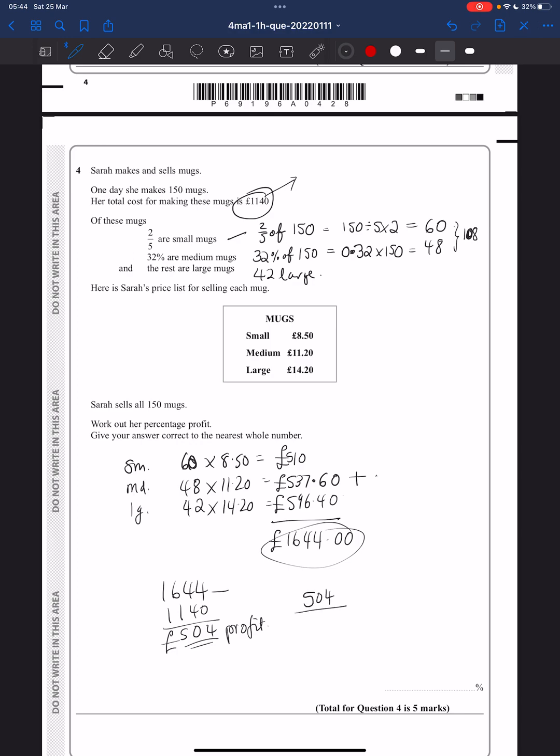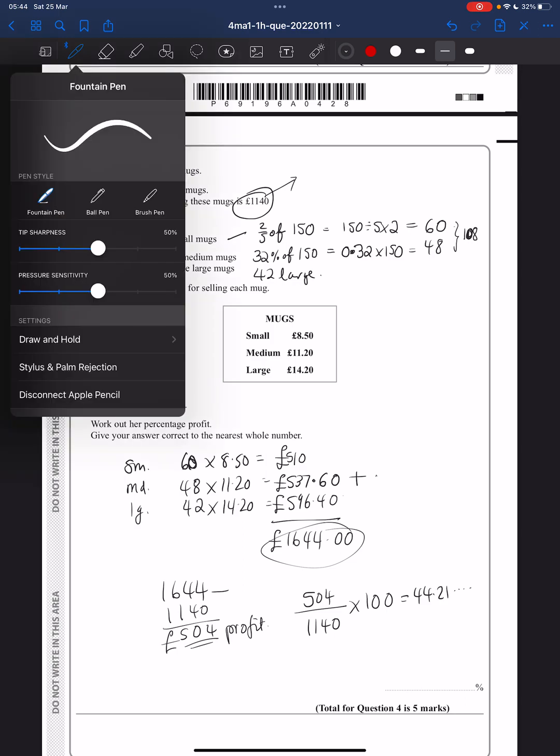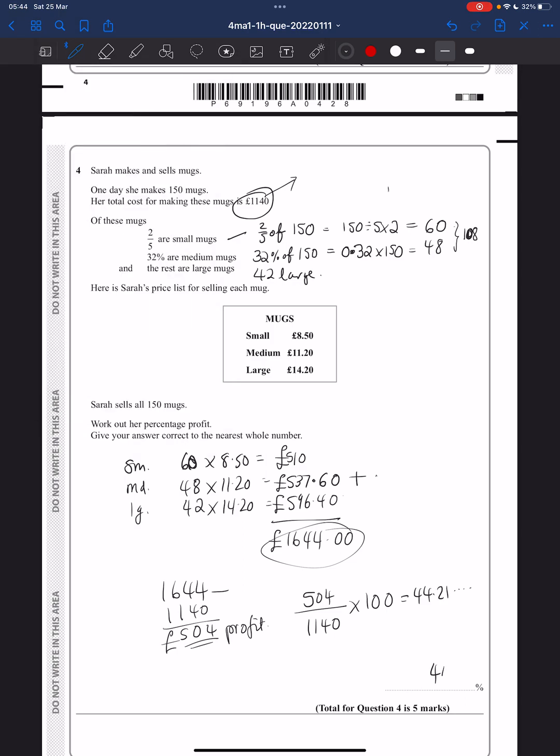So it's 504 over 1,140 times 100. I think she's done well. 504 divided by 1,140 times 100 equals 44.2 to the nearest whole number. So to the nearest whole number, it's 44% profit.